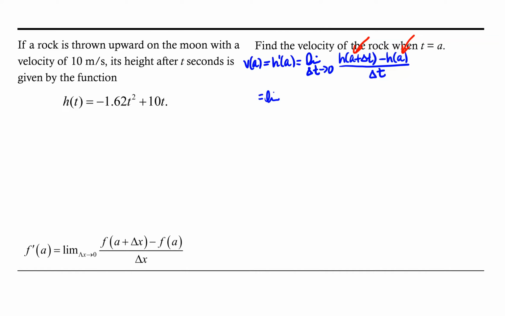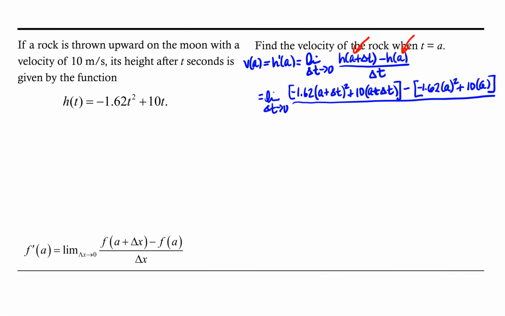So we've got the limit as delta t approaches 0 of negative 1.62 times (A plus delta t) squared plus 10 times (A plus delta t), minus negative 1.62 times A squared plus 10 times A, all over delta t.